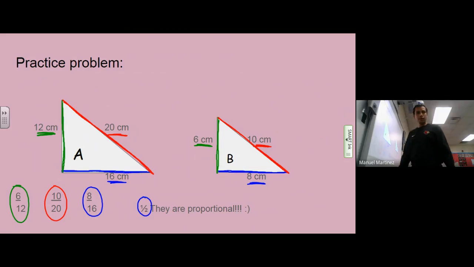Oh, by the way, did you notice something different in the way I set up the ratios in this problem compared to the problem before? Check your notes. See if there's something different between the way I set up the ratios here for the triangles and the way I set up the ratios for the rectangles.